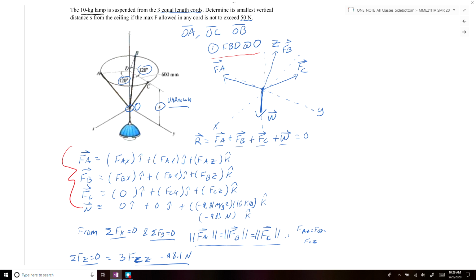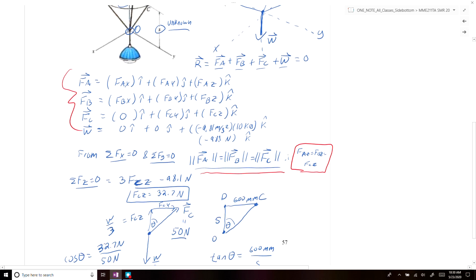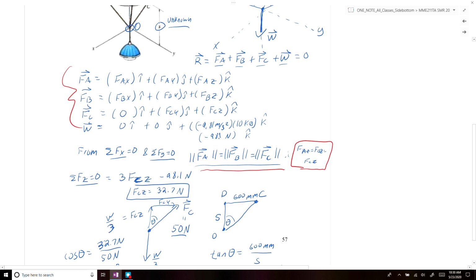By looking at the problem, we noticed that only FAC, FB, and FC had x and y components, so there were no known forces being applied. And since the cables were equally spread out, the magnitudes of all of our forces had to be equal to each other. Therefore, all the z components of the forces would also have to be equal, based off the geometry. So we could sum all the forces in the z direction, set it equal to 0, and solve for the z component of our force in cable C.